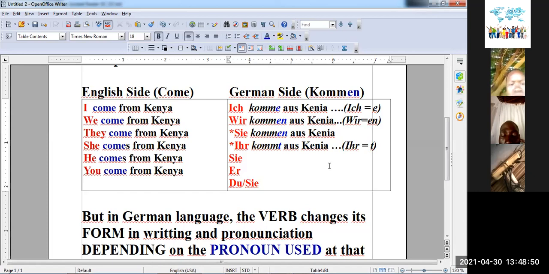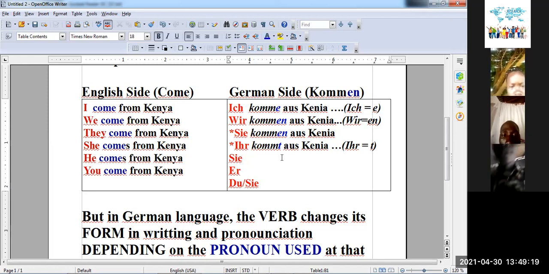So it's up to you for plural, they. Remember, they is carrying two pronouns, sie or ihr. If you use sie, Lawrence and Washington, we have Washington here and Lawrence: sie kommen aus Kenya.